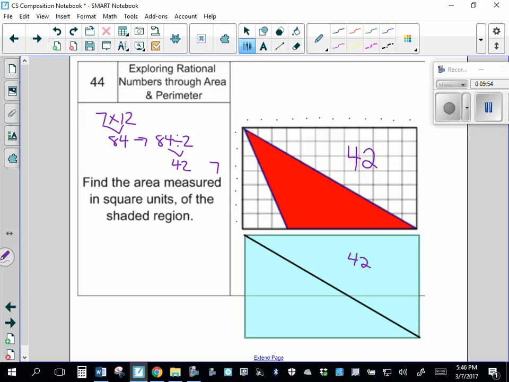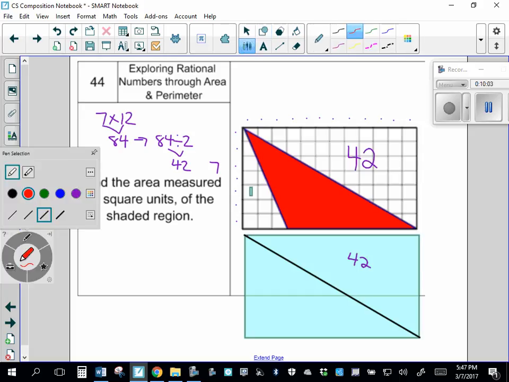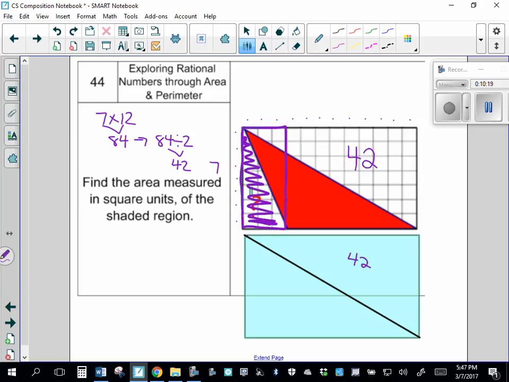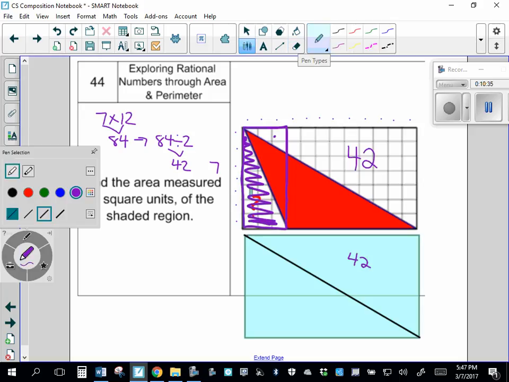And this is where the problem gets challenging. We still need to figure out this part over here. We don't know what that is. So if I draw another rectangle just like this, and I want to just figure out this half of it, so I'm not going to worry about that up there. So if I just think about that half of it, I can take that rectangle and just sort of draw a sketch of it above it.